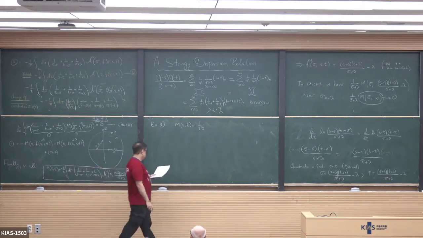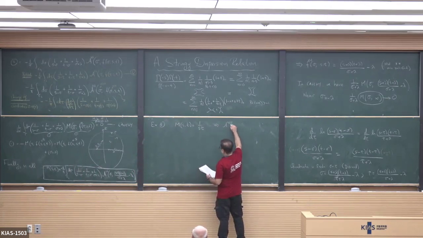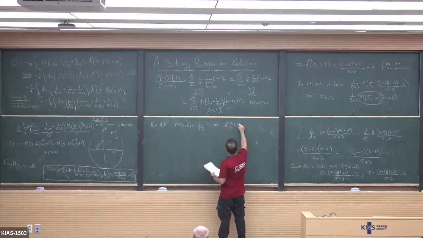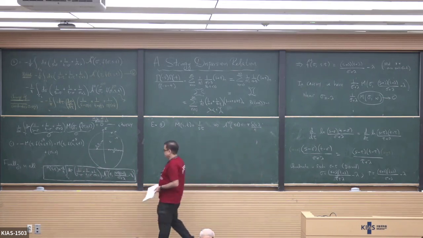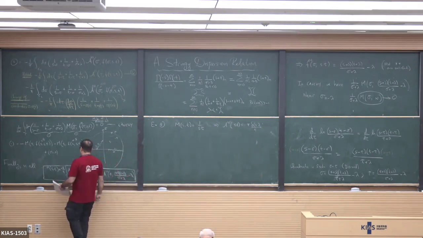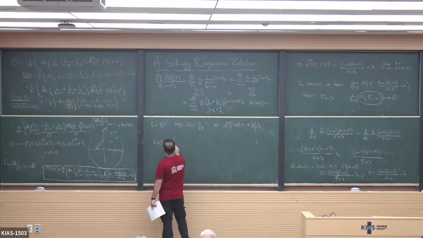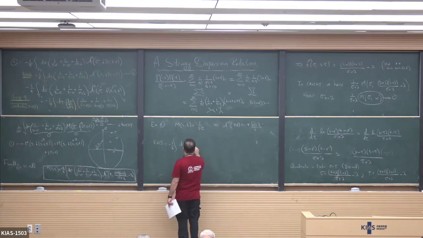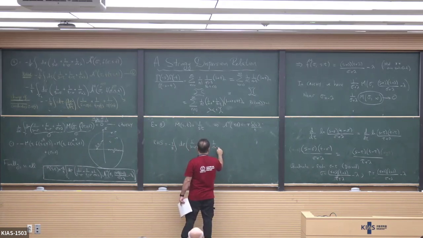So the absorptive part implies that E of st is equal to minus pi delta function of t. So let's just plug this in here. So the right-hand side is equal to minus 1 over pi integral d sigma of 1 over s minus sigma plus 1 over t minus sigma plus 1 over sigma plus lambda.